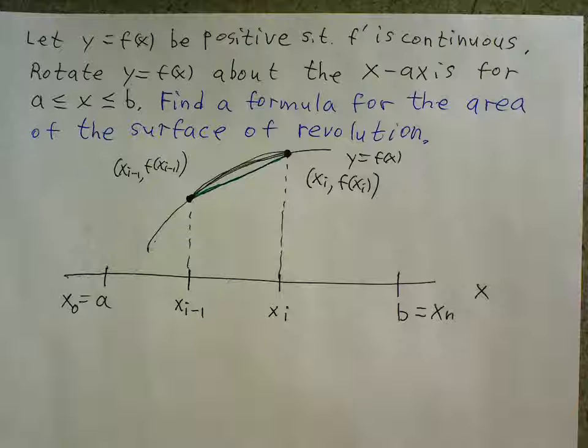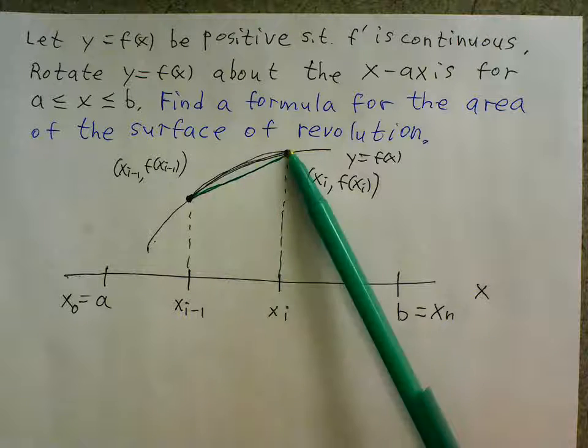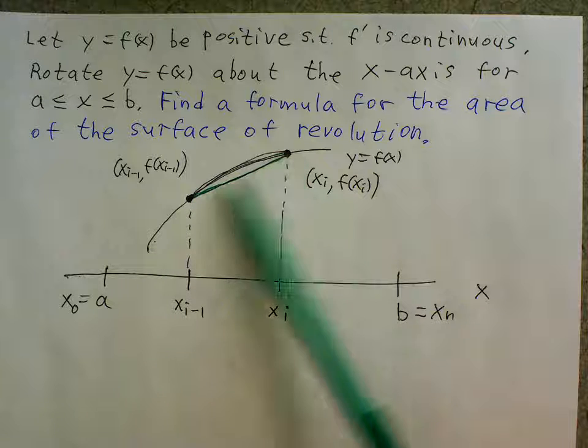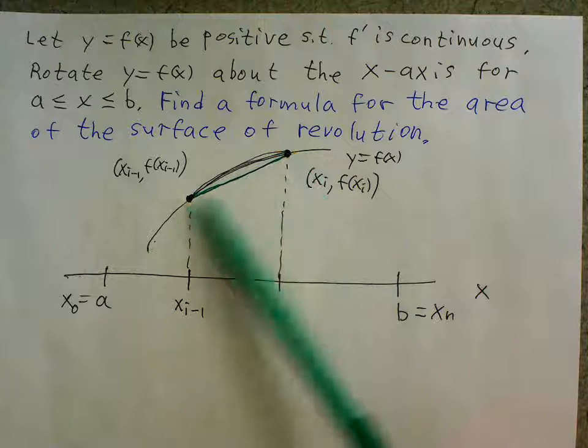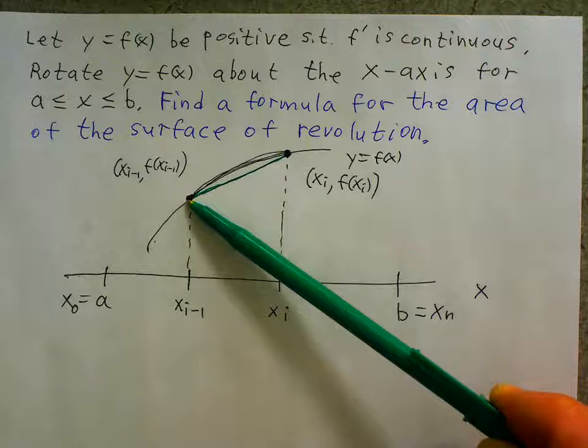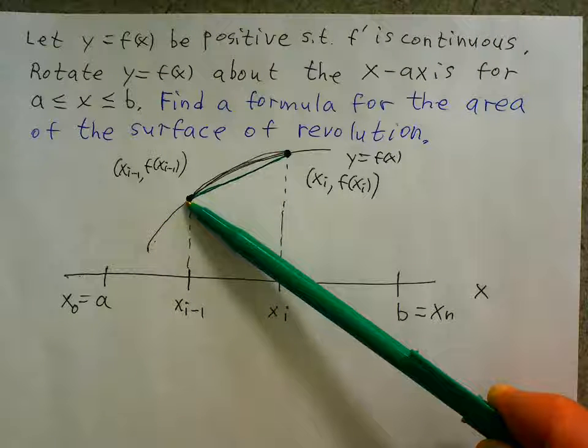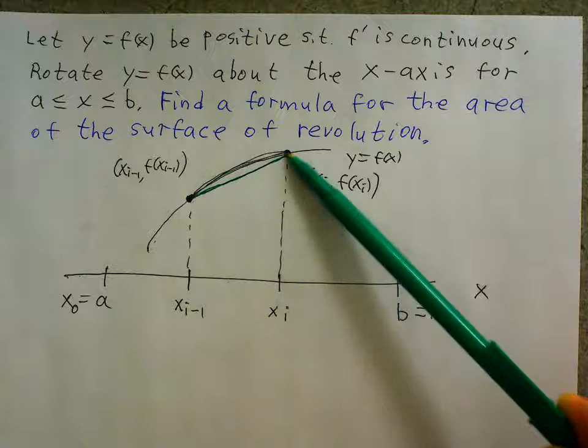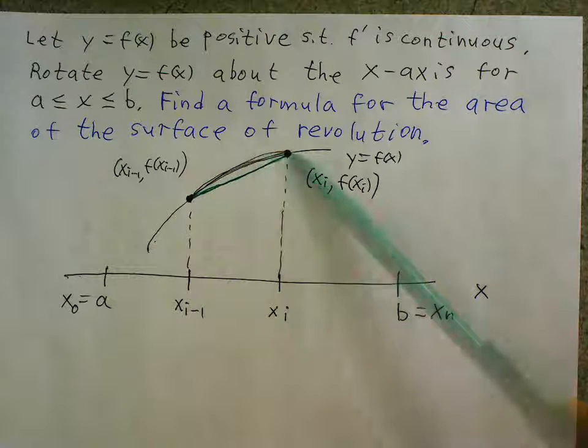A frustum. Yeah, a frustum. And if we can find the lateral surface area of that frustum, that will be an approximation of the area of the surface of revolution for the curve on that interval.